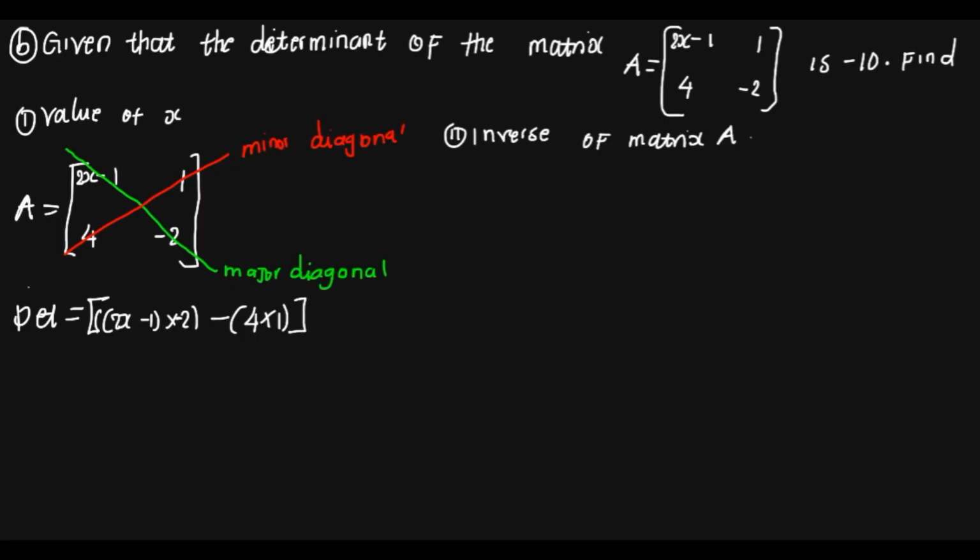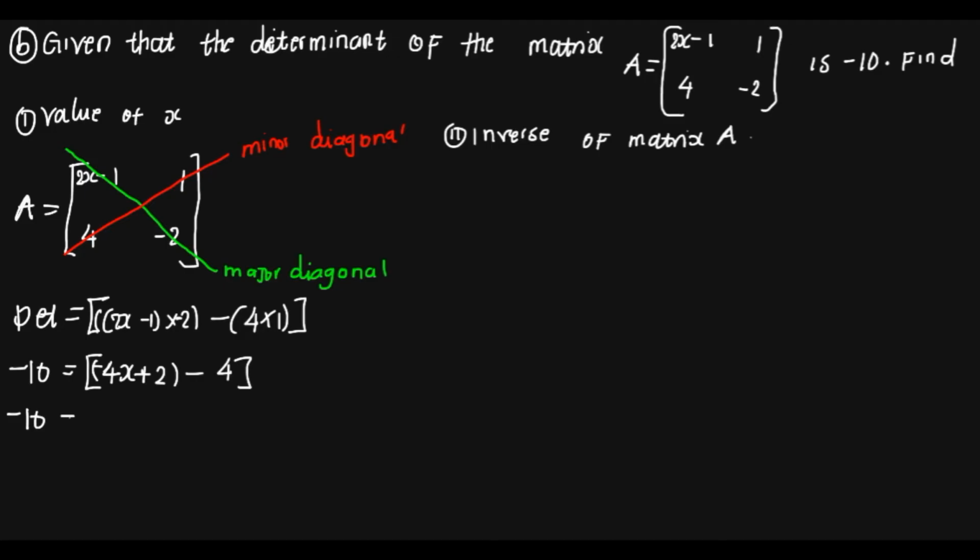So now here we can see that we have been given the determinant, so where there is determinant, we put -10. Then we can expand: -2 times 2x is -4x, -2 times -1 is +2, minus 4 times 1 is just 4.